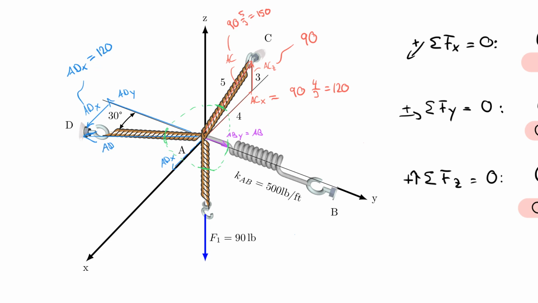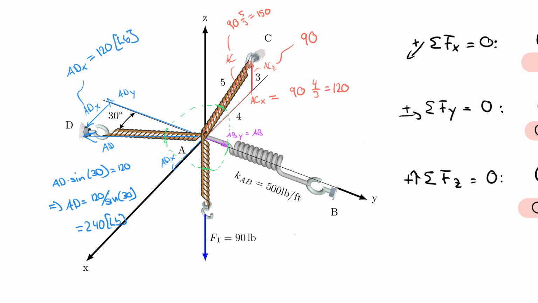AD times sine 30 would be equal to 120. And so therefore I know that AD is equal to 120 divided by sine 30. And that comes out to be 240 pounds.